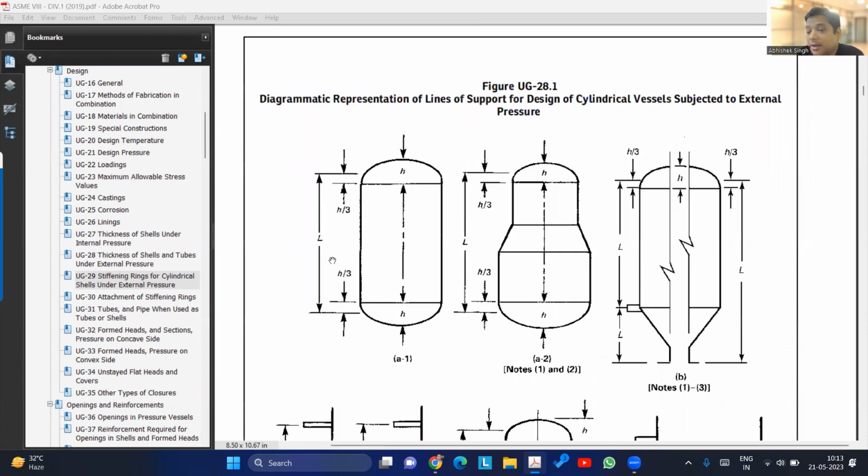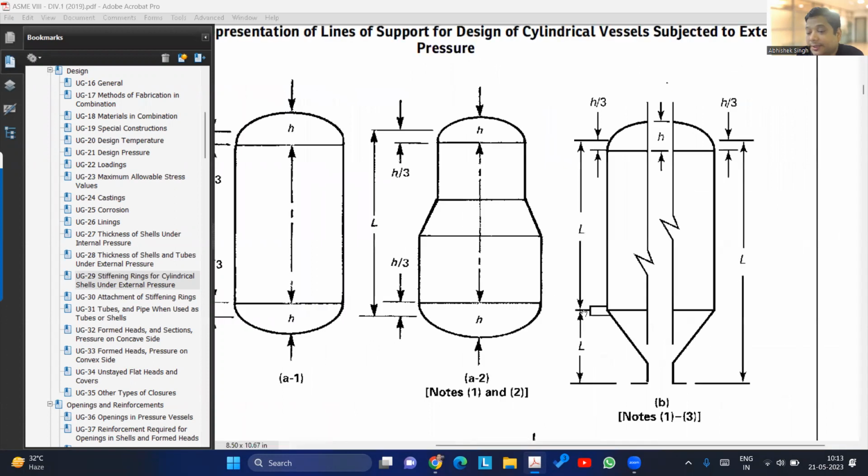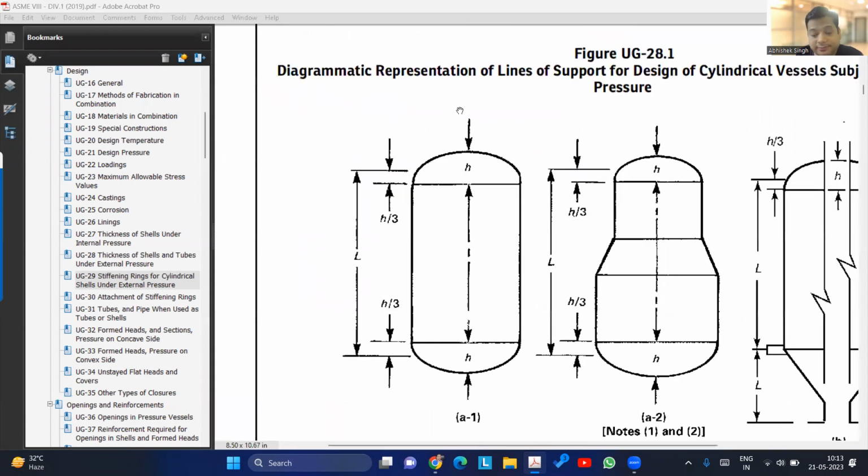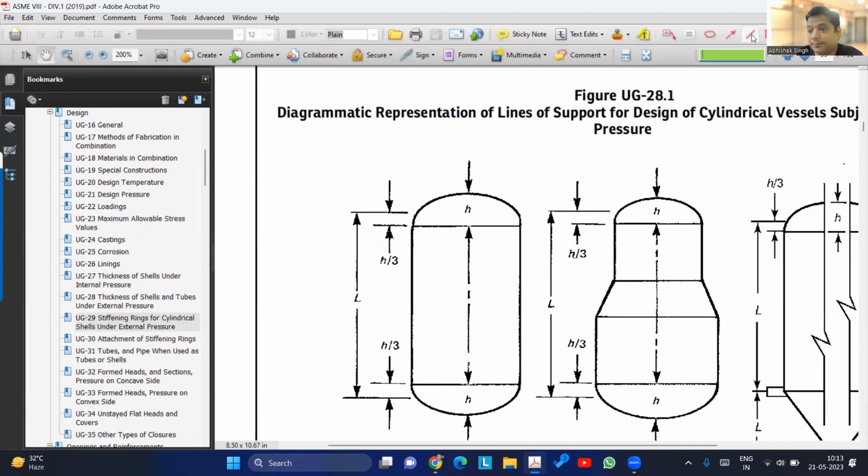Now, if I'm providing a stiffening ring, let us say in this vessel itself, a stiffening ring like this, then my L will be from here to here, and the other L will be from here to here.